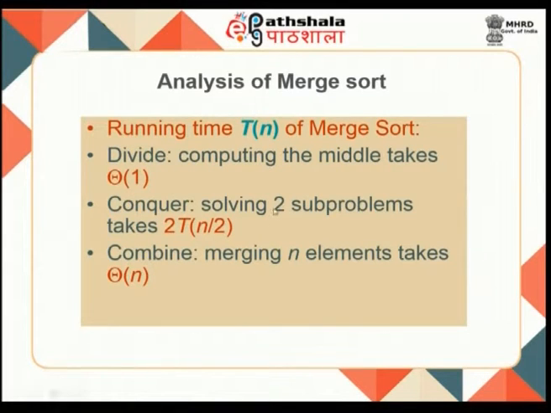Therefore, we have 2 subproblems, so this becomes 2T(n/2), and merging of n elements takes n. That means, put together, the complexity of the merge sort is theta of n log n.